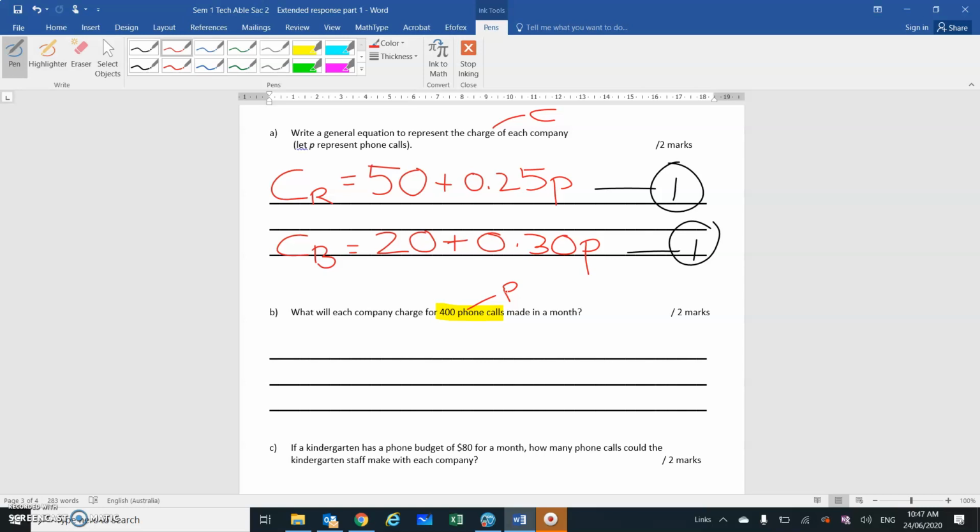So the cost for the red, we just do a substitution for P equals 400. So 50 plus 0.25 times 400. We put that in the calculator, and that gives you $150.